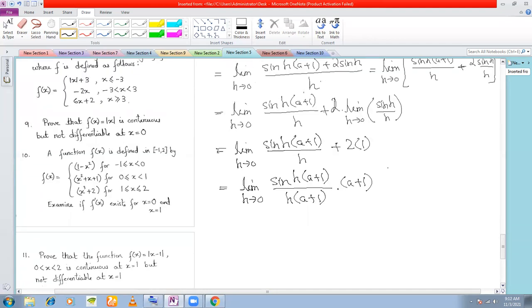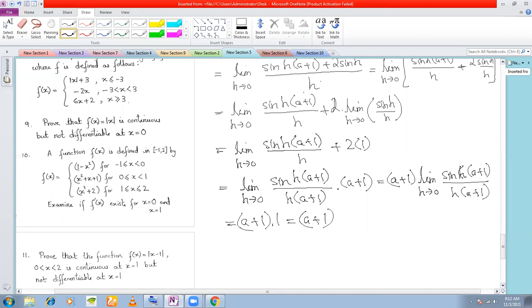Now you can take (a plus 1) out of the limit and simply write this as limit h tends to 0 sine h(a plus 1) divided by h(a plus 1). The value of this limit is 1. So you are simply getting (a plus 1) into 1, so this is a plus 1. So we have managed to calculate the left hand limit.